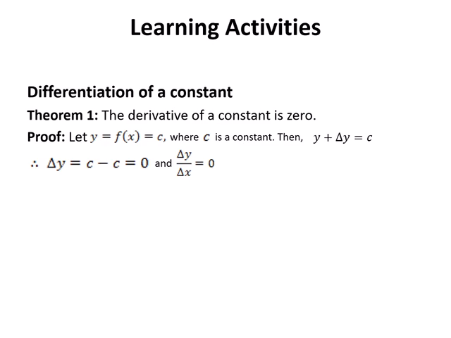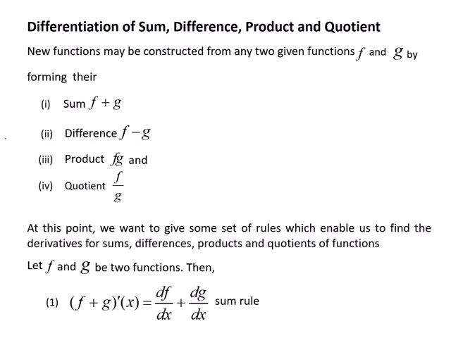So that is the proof here. You can see that the derivative of a constant is 0. So now see that change in y over change in s is equal to 0. That is the proof. We have been able to prove that. Let's go on.